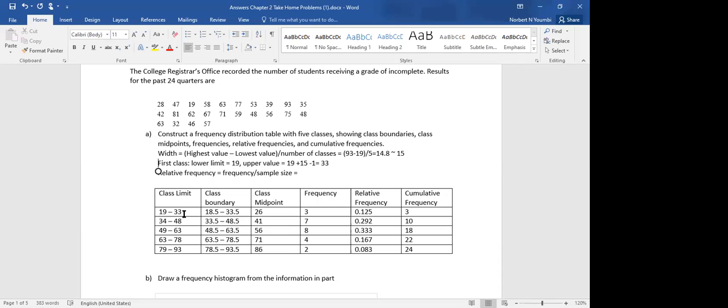Or you may just take the first values: 19 plus 15, 34; 34 plus 15, 49; 49 plus 15, 64. Then for the upper limits, 33 plus 15, 48; 48 plus 15, 63, and so on.